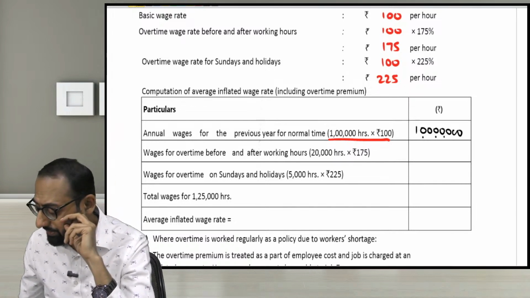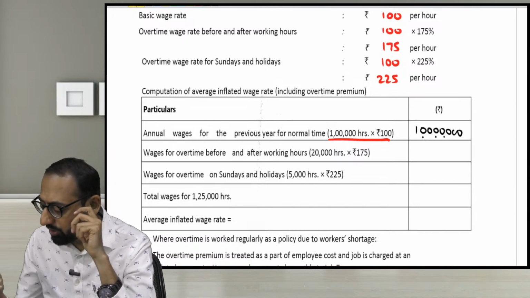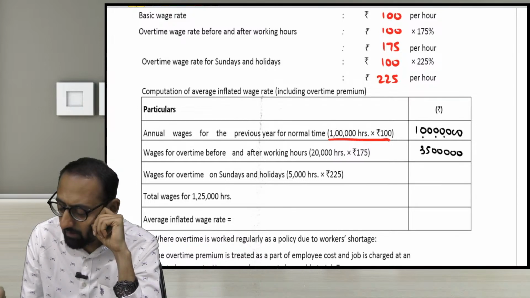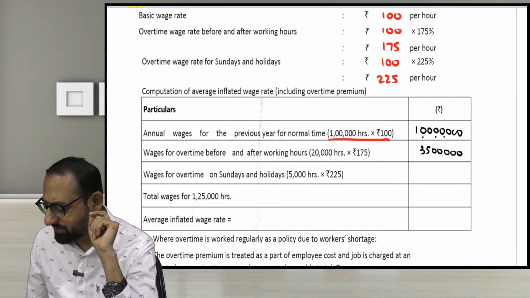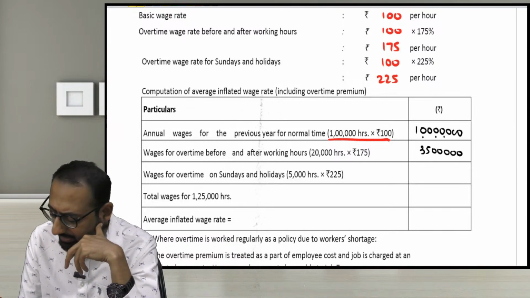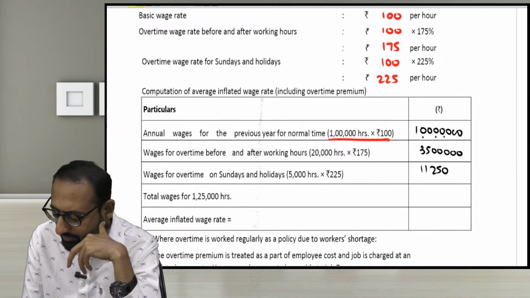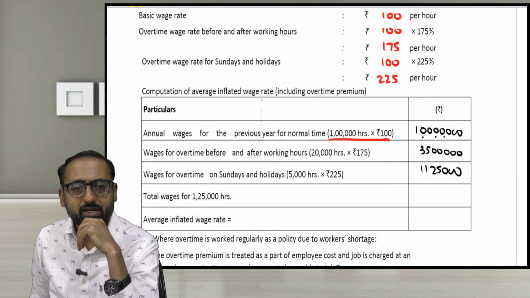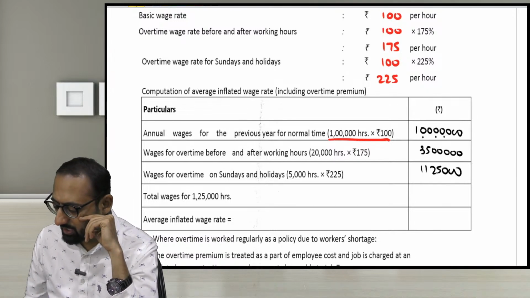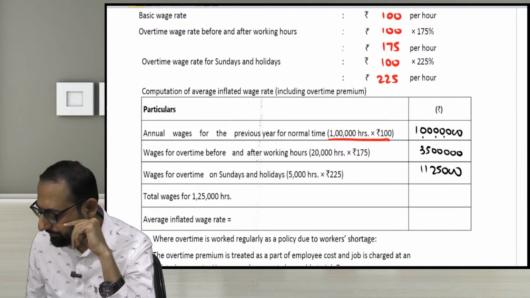Next one, wages for overtime before and after the working hours. So 20,000 multiplied by 175, total wages will be 35 lakhs. On Sunday and holiday, 5,000 hours multiplied by 225, it will be 11 lakh 25,000. Now you can check that total wages paid in the last year: 11 lakh 25,000 plus 35 lakhs plus 1 crore.